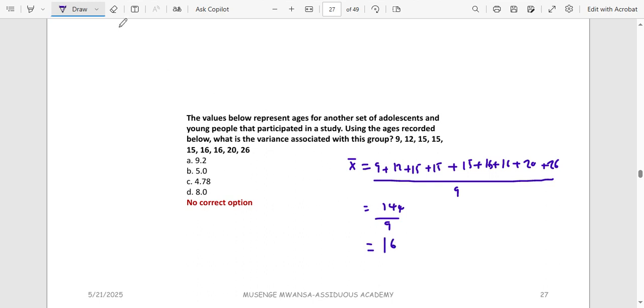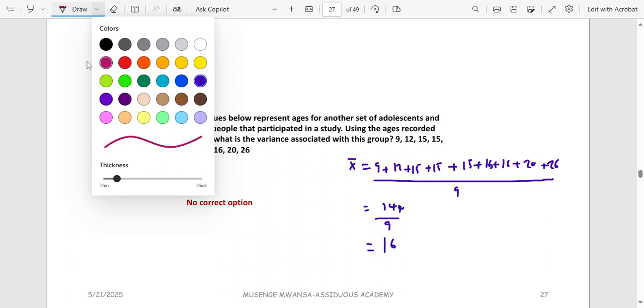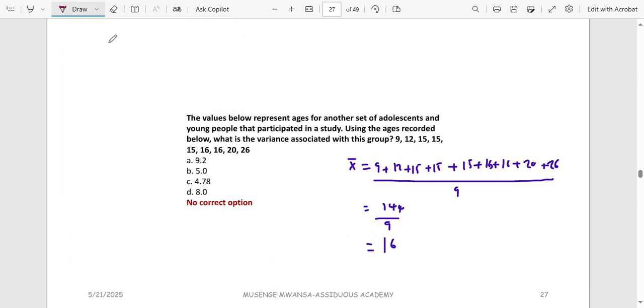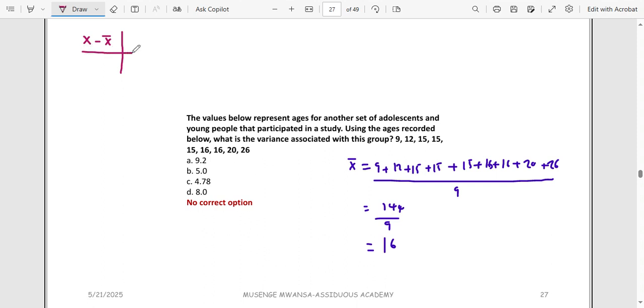Now for us to find the variance, the first thing that we need to do is subtract x minus the mean. We'll be subtracting x minus the mean.